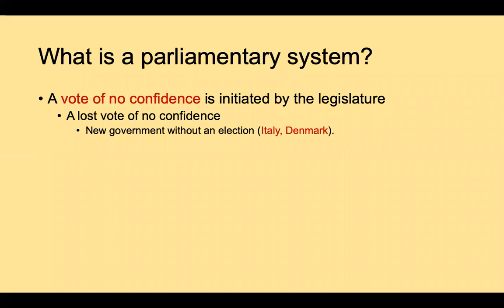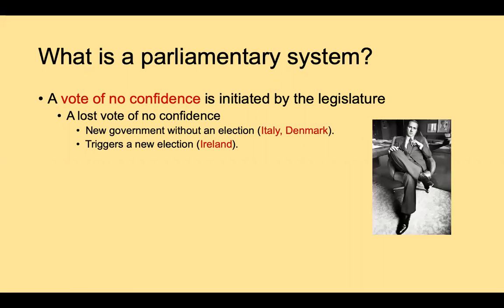In some cases, like, for example, Italy or Denmark, it can trigger a new election, as in Ireland. And in both of these cases, there is the replacement of the government. And so the point here is that the executive serves at the mercy of the legislature, and the legislature retains the power to remove the executive and to remove the entire cabinet should they issue a vote of no confidence.